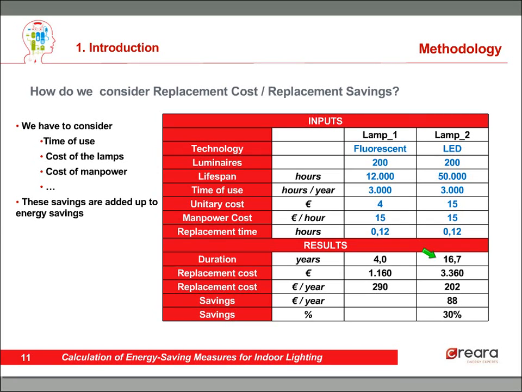But if we do consider it, the replacement cost would be higher in LEDs than in fluorescent, because the lamp is more expensive. We have 3,360 versus 1,160. But if we consider the replacement cost per year, the LED is cheaper, 202 versus 290. So the savings in replacement are around 30%. This is caused because the lifespan of the LEDs is much higher than fluorescent lamps.